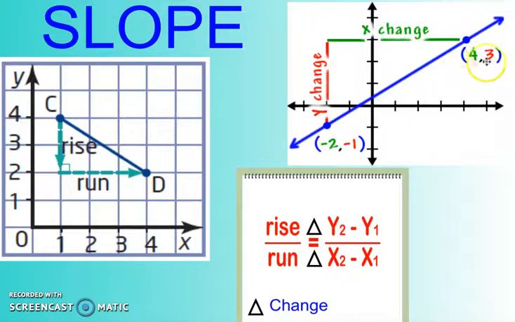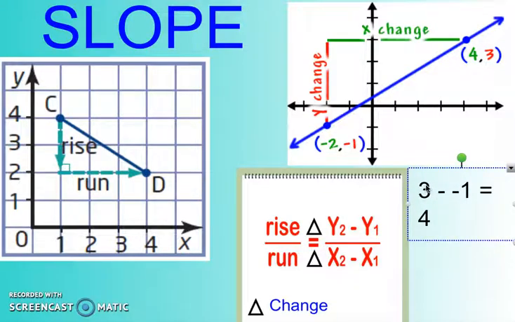So like if I start with this ordered pair and I do 3 minus a -1, then I have to start with this ordered pair again, and I have to do 4 minus a -2. So let's figure this out. If I do 3 minus a -1, that equals 4.